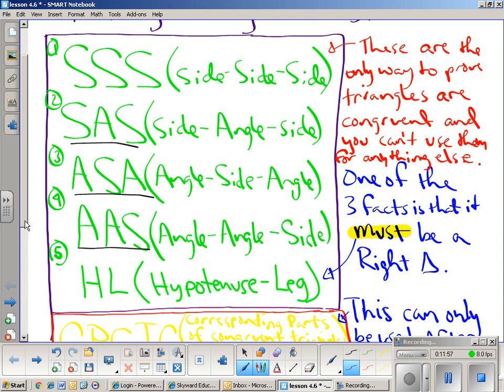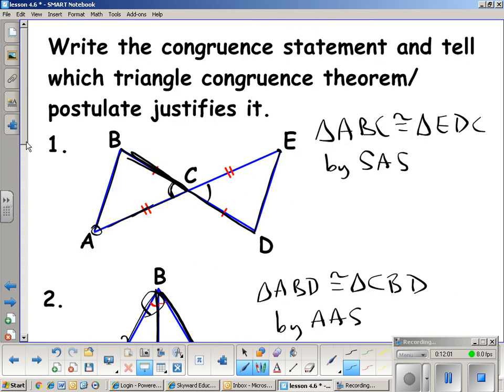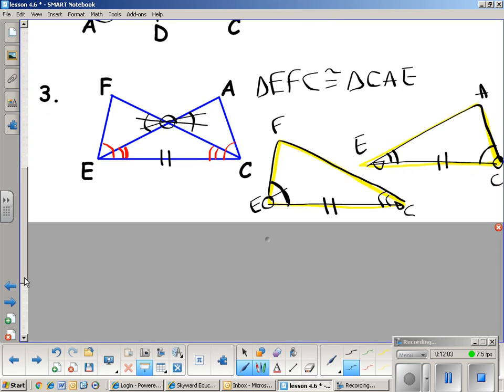Side angle side. Well, except they had two angles, right? Oh, it's angle, angle. And one side. Say it again. Angle, angle, side. Okay, look where the side is at.